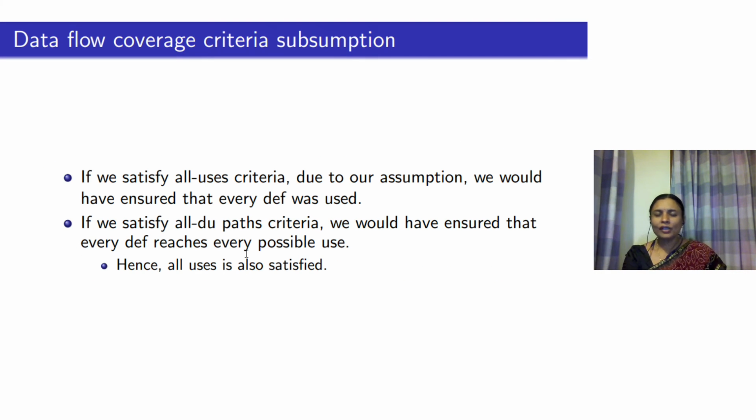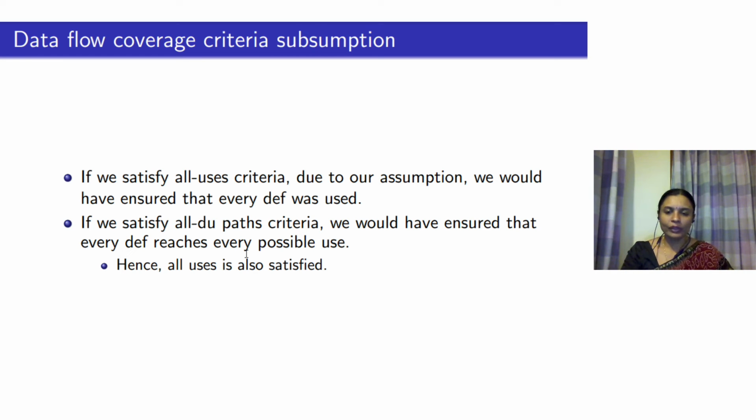The subsumption is fairly easy to see because the simplest criterion is that every definition reaches at least one use. So if I satisfy the all uses criterion, that is, every definition reaches all possible uses, then I know that every definition reaches at least one use. So it obviously subsumes the all defs criterion. Similarly, if I satisfy the all du paths criterion, that is, every definition reaches every possible use through every possible path, then I'm obviously including the all uses criterion.